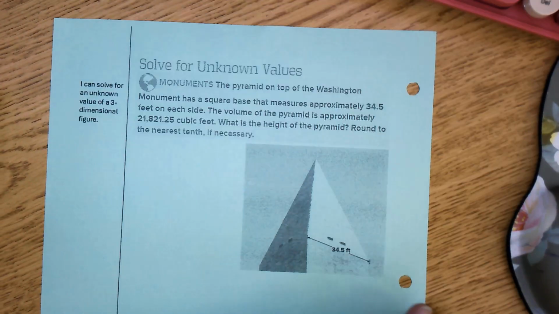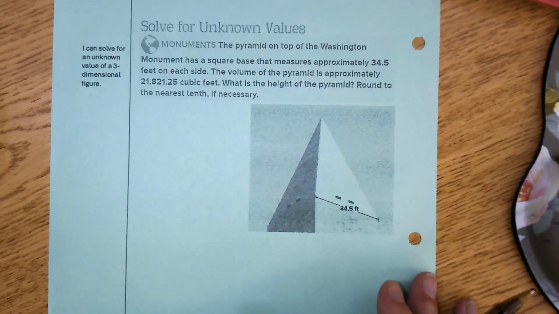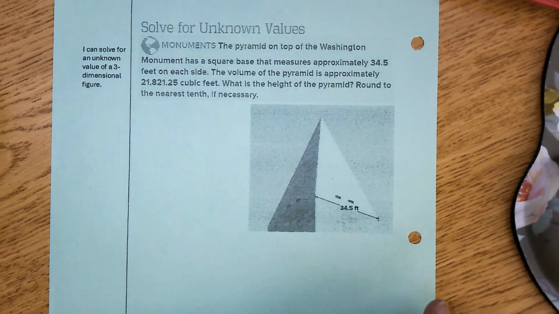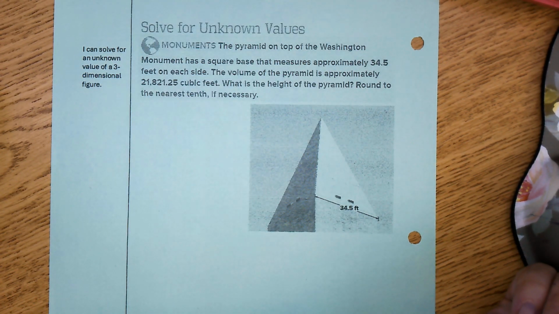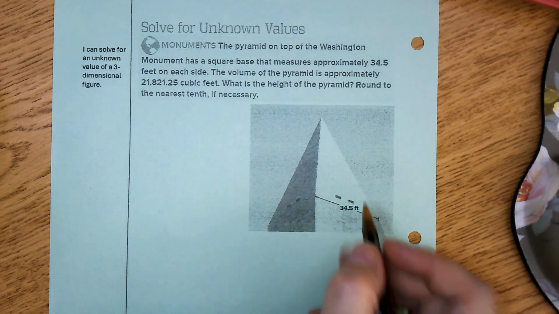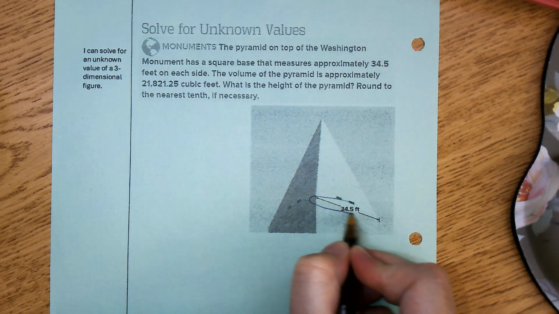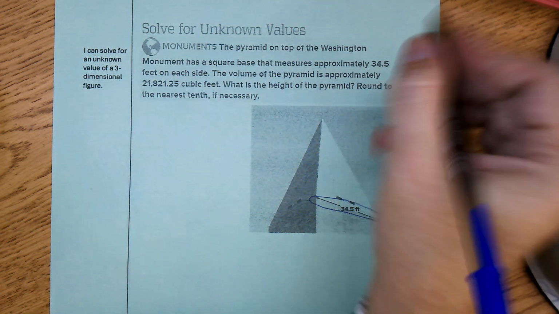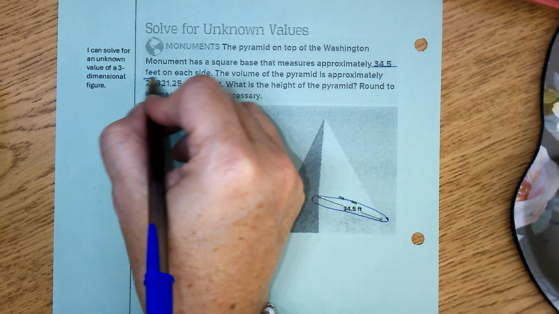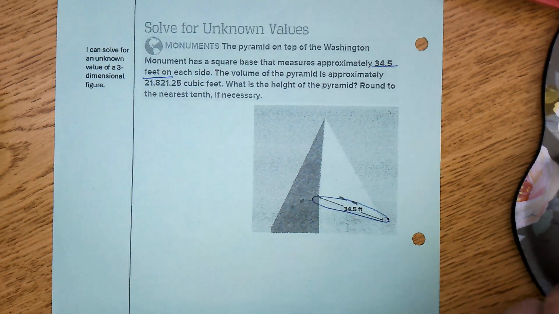But I'll fix it here in the video. So we have our Washington Monument. It has a square base, and each side is approximately 34.5.